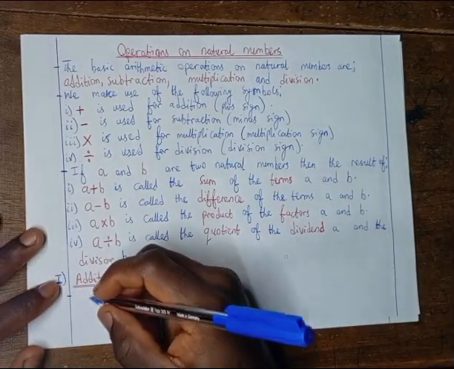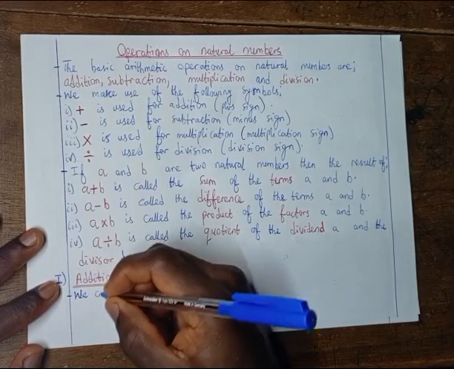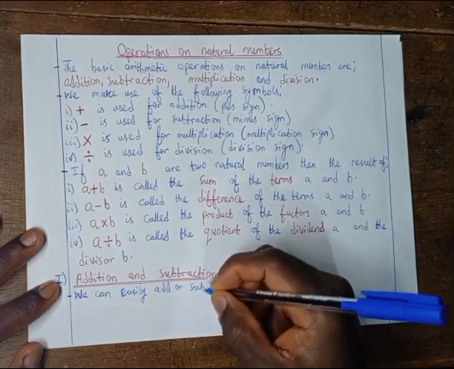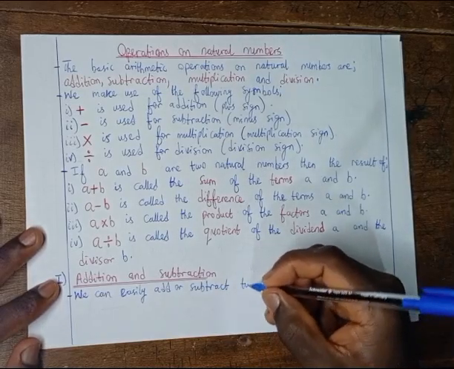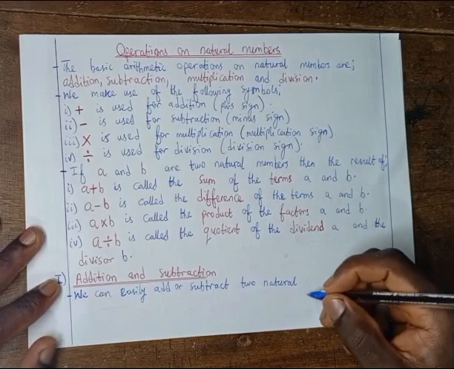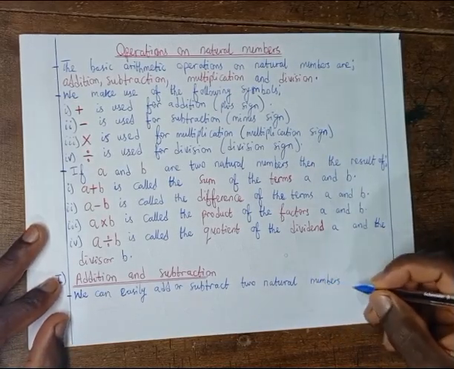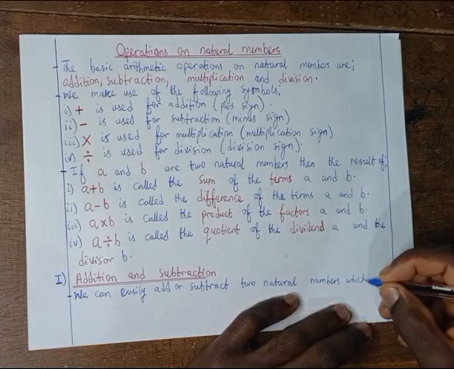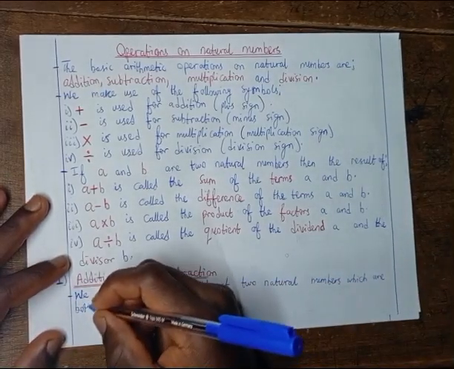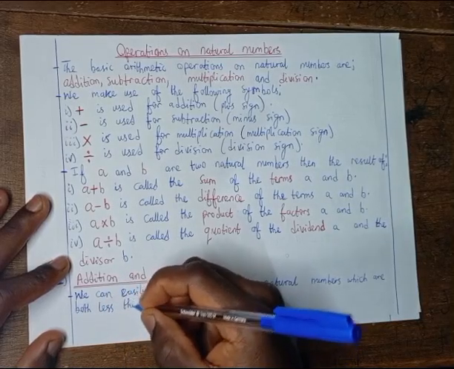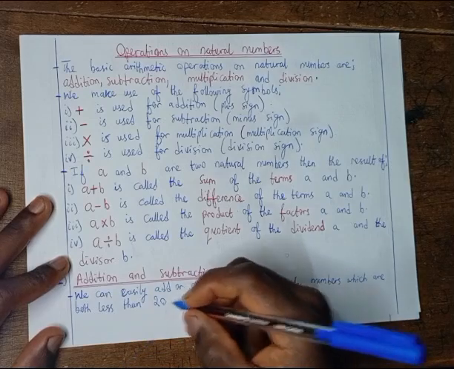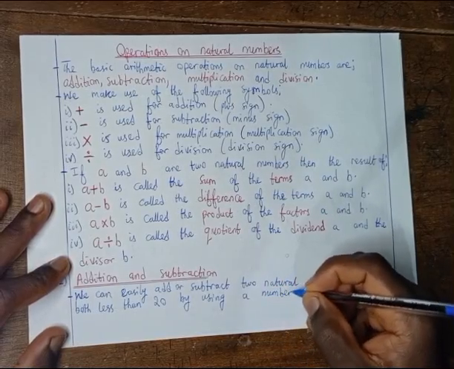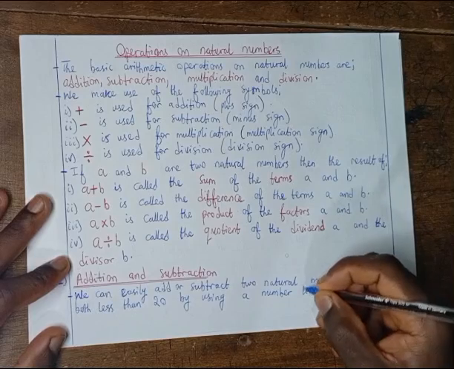First hyphen, we can easily add or subtract two natural numbers which are both less than 20, by using a number line. You're going to see how to add them using a number line.